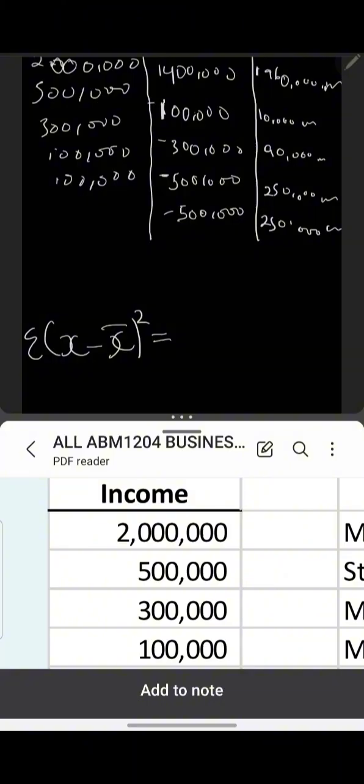My calculator. 1,000 plus 10,000 plus 10,000 plus 90,000. Plus, this is 10,000, not 100,000. Plus 250,000.